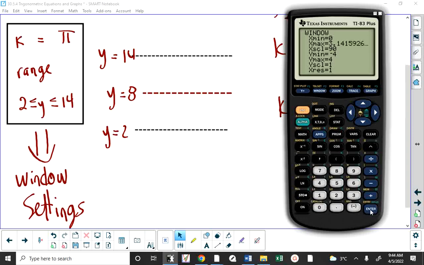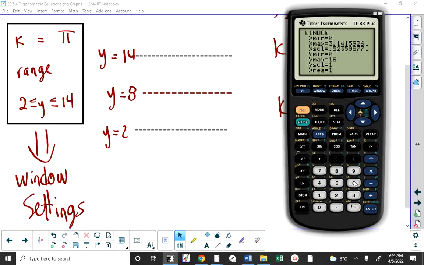The scale you use is absolutely unimportant. We could go up by pi over 6. I don't care. If I enter pi divided by 6 here, it just means I'm going to see a tick every pi divided by 6. It's not important. And I said we have to include 2 to 14.